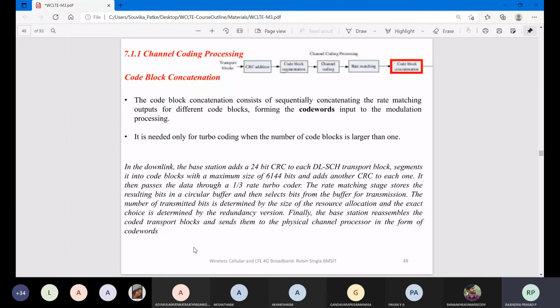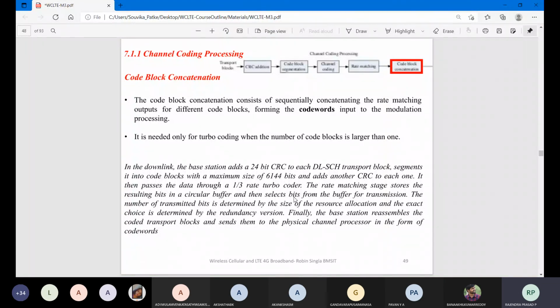In general, the summary is that in the downlink, the base station adds a 24-bit CRC to each DL-SCH data link segment, codes it into blocks with a maximum size of 6144 bits, and adds another CRC to each one to then pass through the 1/3 data rate turbo coder.